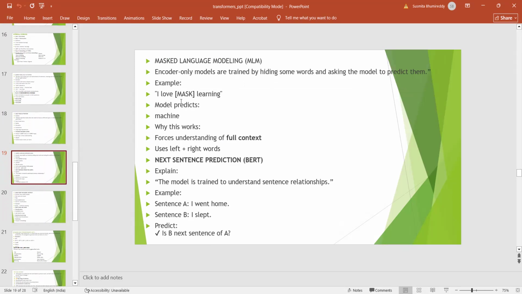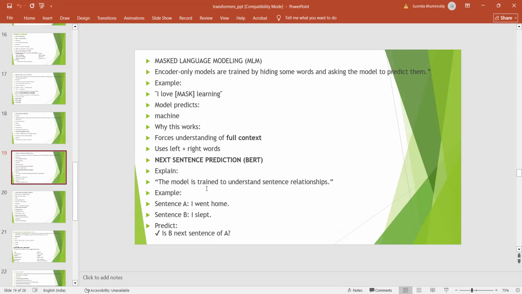Why does this work? It forces understanding of the full context. It uses the previous words and the next words, and it will predict the word as output.